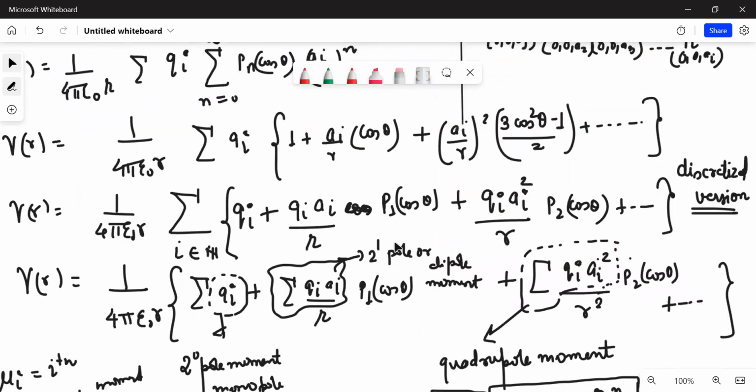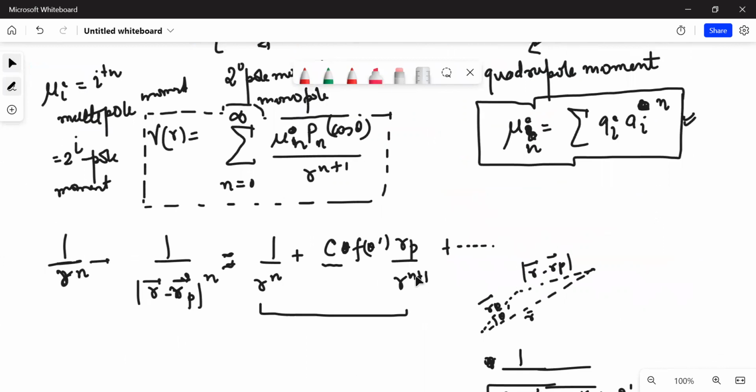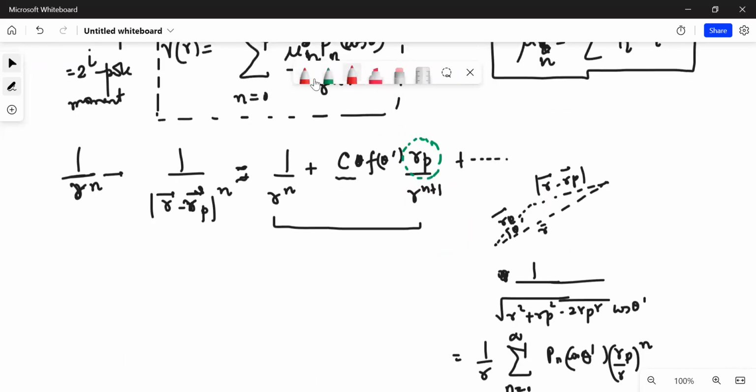Okay, so थोड़ा अगर ध्यान से देखोगे तो जो higher order terms हैं, they contain the term rp. Is that clear or not clear? ये चीज समझ में आई?